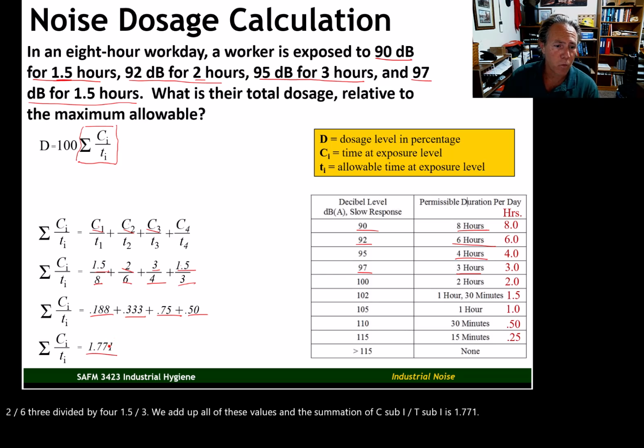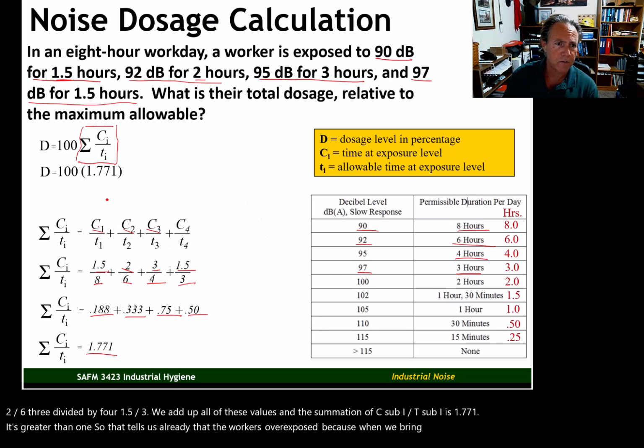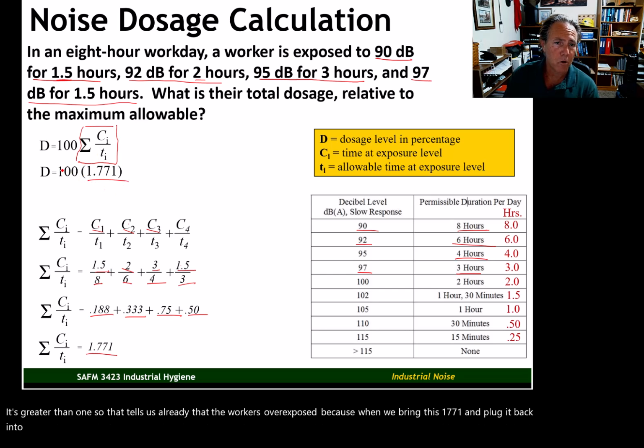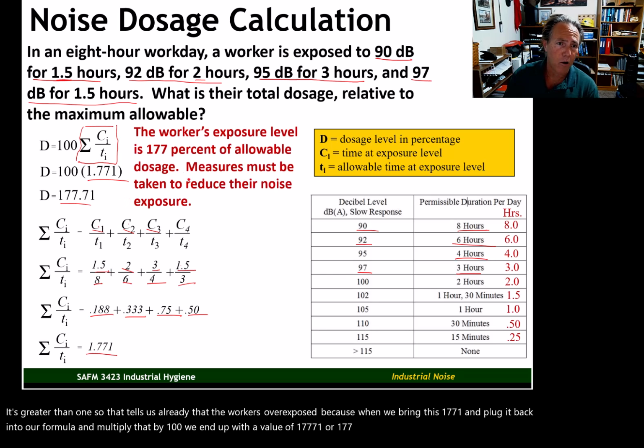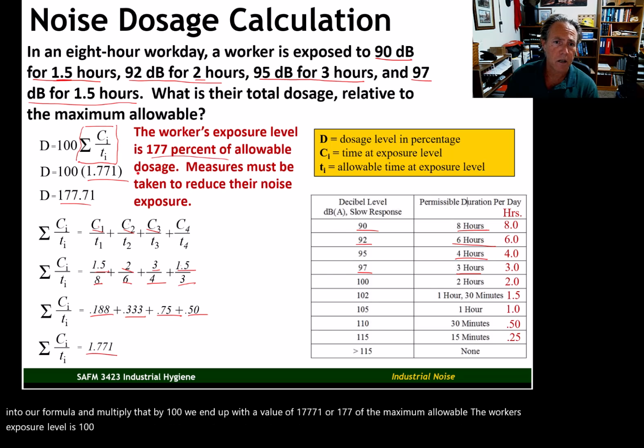It's greater than 1, so that tells us already that the worker is overexposed. Because when we bring this 1.771 and plug it back into our formula and multiply that by 100, we end up with a value of 177.71, or 177% of the maximum allowable. The worker's exposure level is 177% of the allowable dosage.